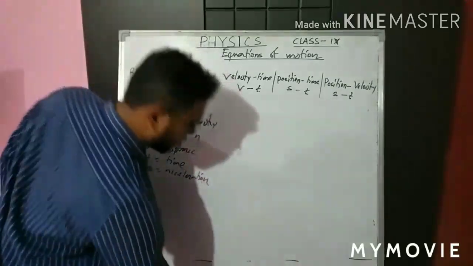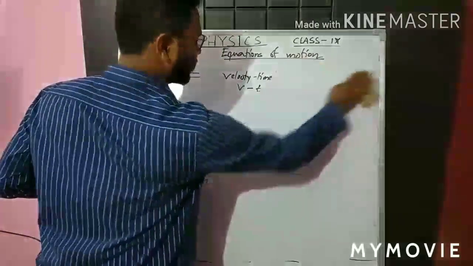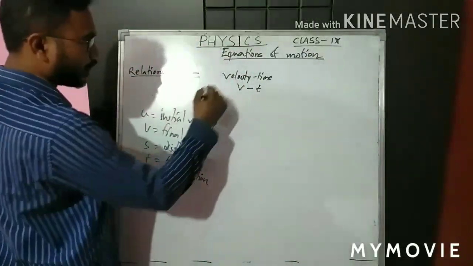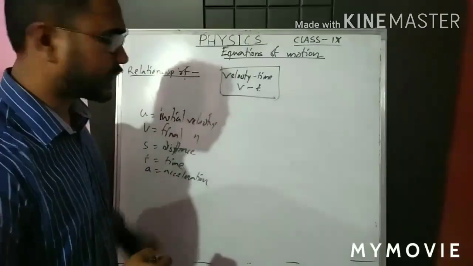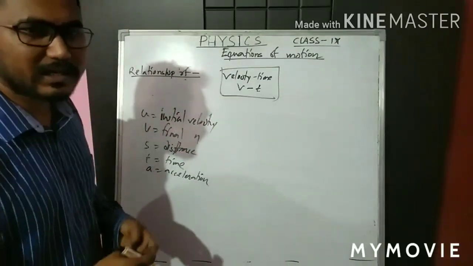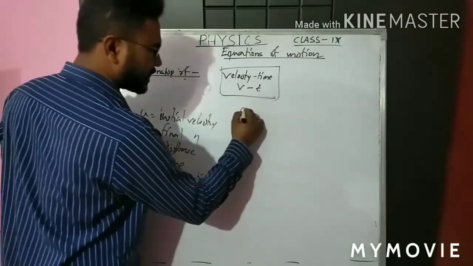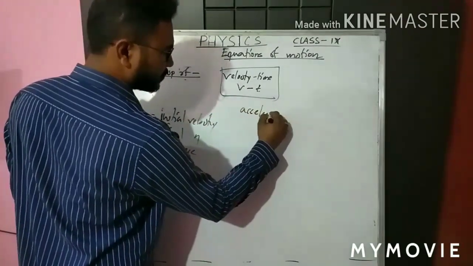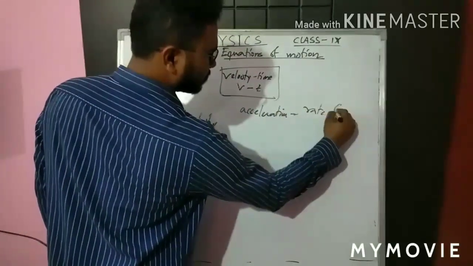Now let's first derive the velocity time relationship. To derive this, you have to consider one relationship. If I ask you the definition of acceleration, it is very simple. Acceleration is the rate of change of velocity.